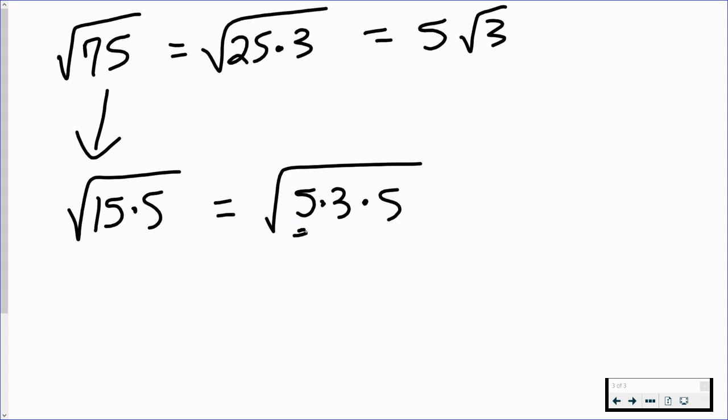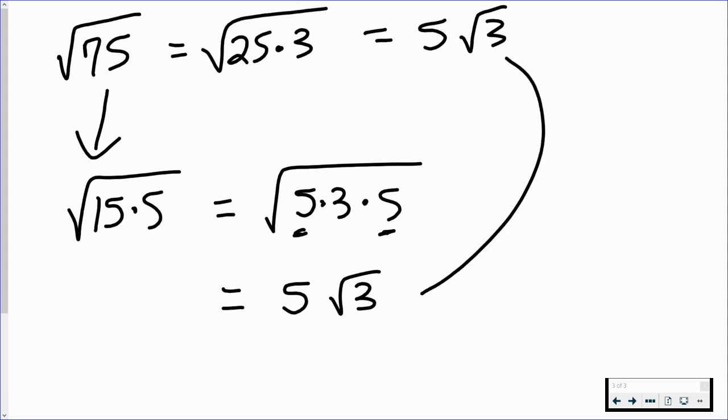Now, notice that we have two 5 terms. So if we have two of the same term, we can take out that square root because 5 times 5 obviously would be 25, and square root of 25 would be 5. And then the 3 would be left inside. Either way, we're going to get to the same answer. It just depends on which way you look at it.